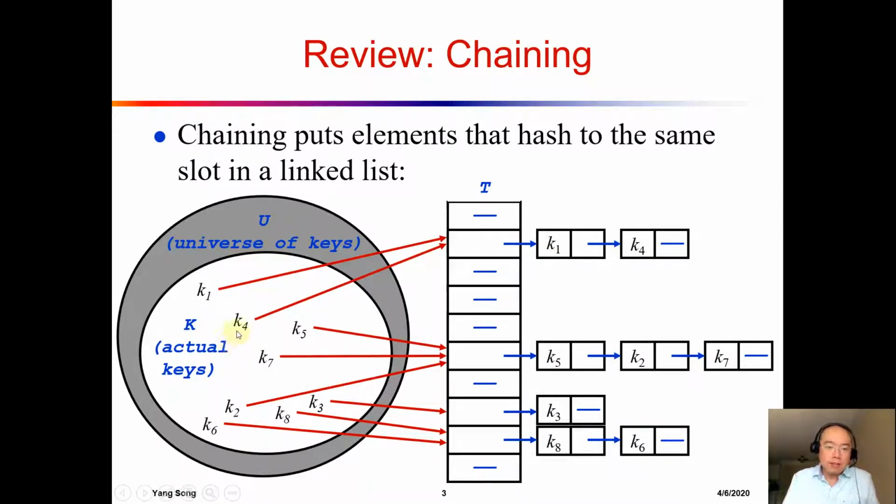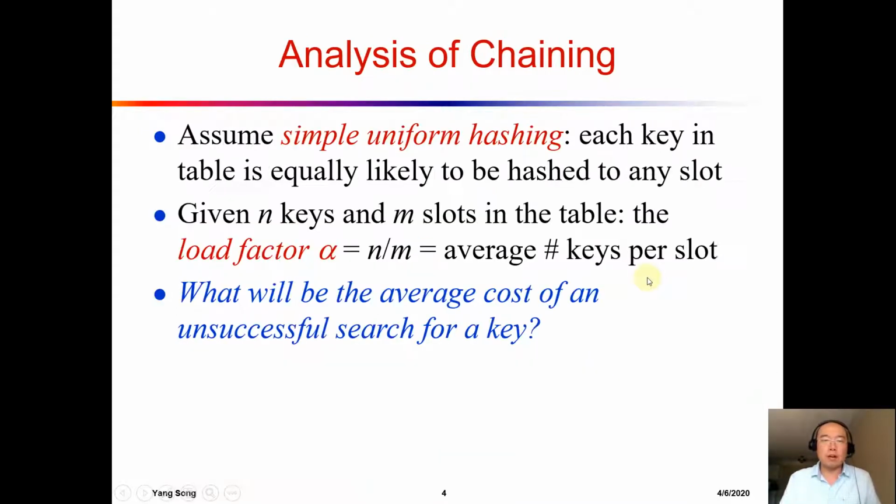Later we have key 4, and key 4 comes to this slot again, so key 4 will be the next node in the linked list. Do we still have collisions? Yes, we do. But we don't have to worry about that because there will be a linked list. After we are sent to a specific linked list, we may have to insert the new node into the linked list, or if we are doing a search, we have to do a sequential search on the linked list. So this is another way that we can solve collisions.